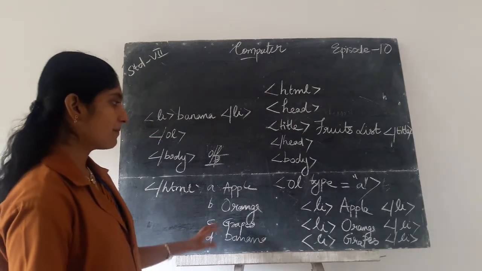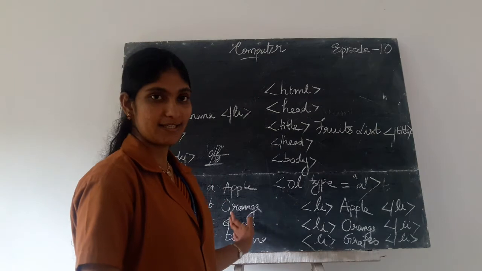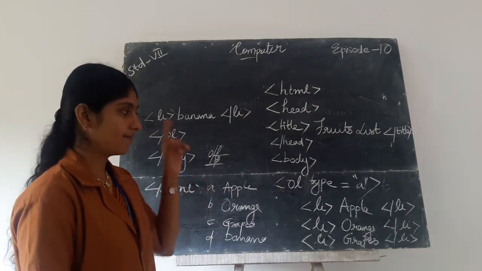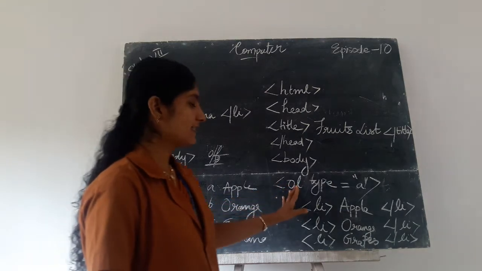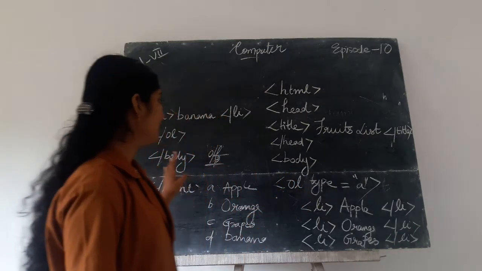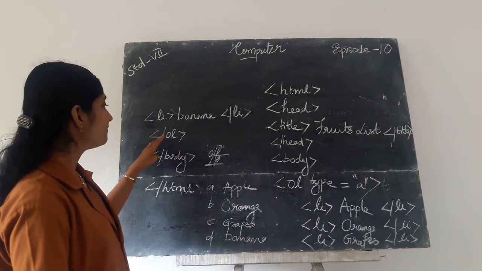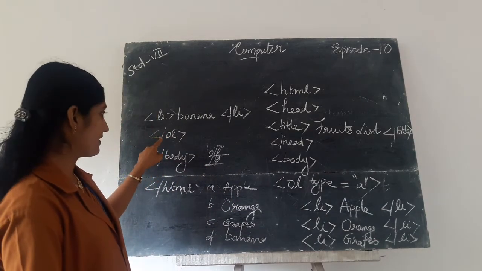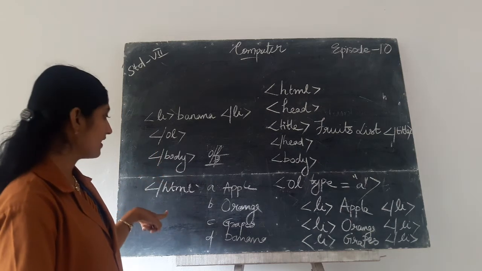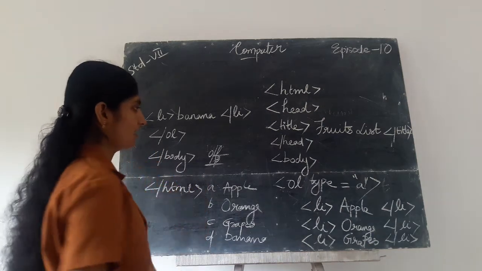So you can replace any type of serial numbers using this, and this is the ordered list. So remember, an ordered list is represented using OL, and remember to close the list with OL, and after that close the body tag and close the HTML tag.